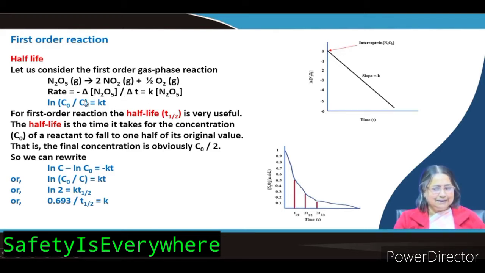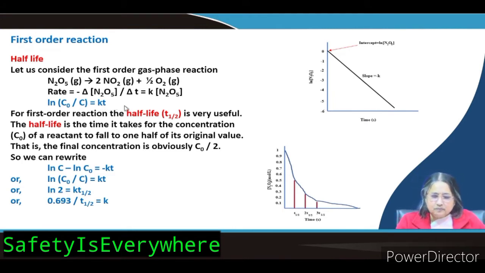Here, instead of writing C N2O5, only a concentration term is written to make it simple. You can write that ln C0/C equals kt, which was already explained in the previous slide.